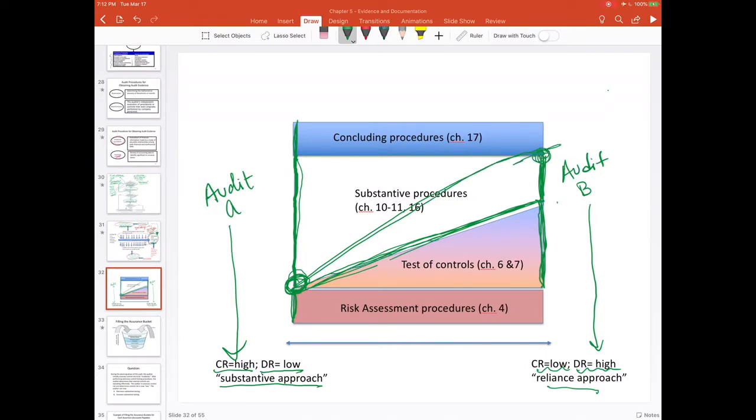So even if controls are perfect, you're still going to have some substantive work to do at the end. And then you're going to have all these cases in the middle. So this could be your audit C, where they have, let's say, some processes where controls are good, some processes where controls are bad. And so you have to do kind of a medium amount of substantive work, but you're getting a lot of evidence from test of controls too.